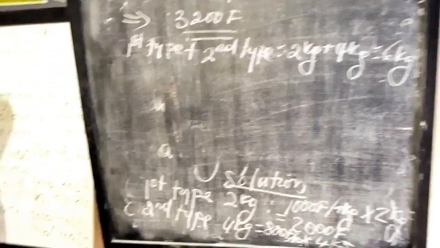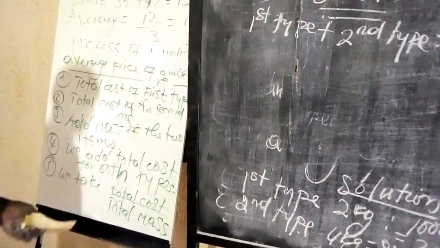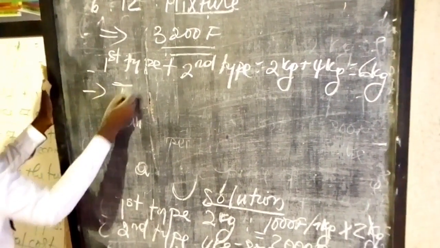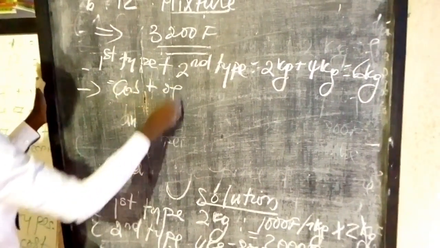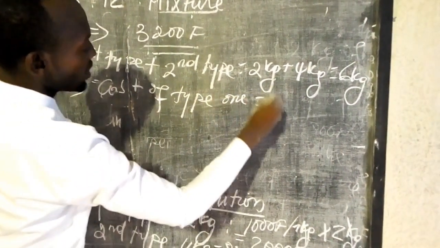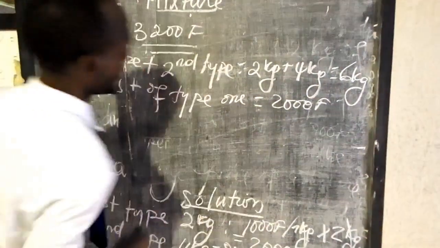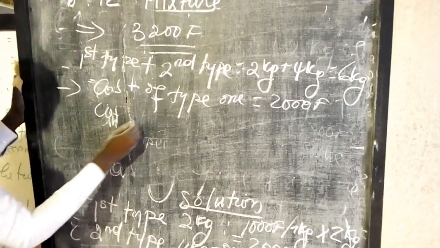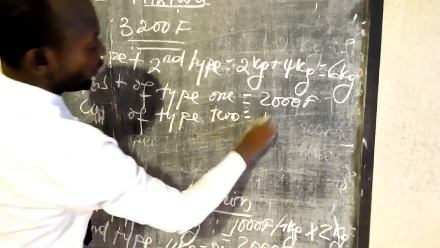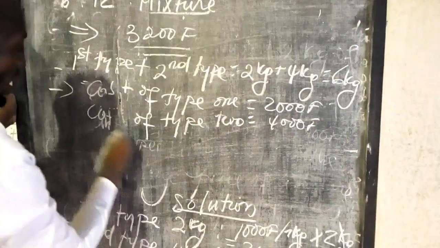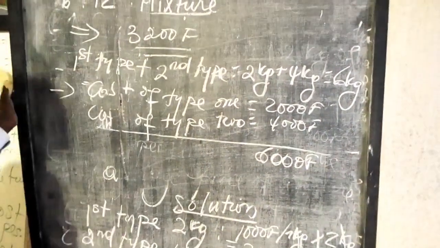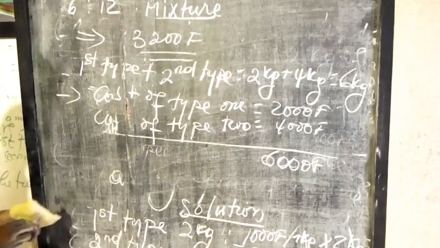And then the first point is we add the total cost for both types, where we get total cost: the cost of type 1 was 2,000 francs, and the cost of type 2 was 4,000. And then after we add them, we get 6,000. That makes up the total cost of 6 kilograms.